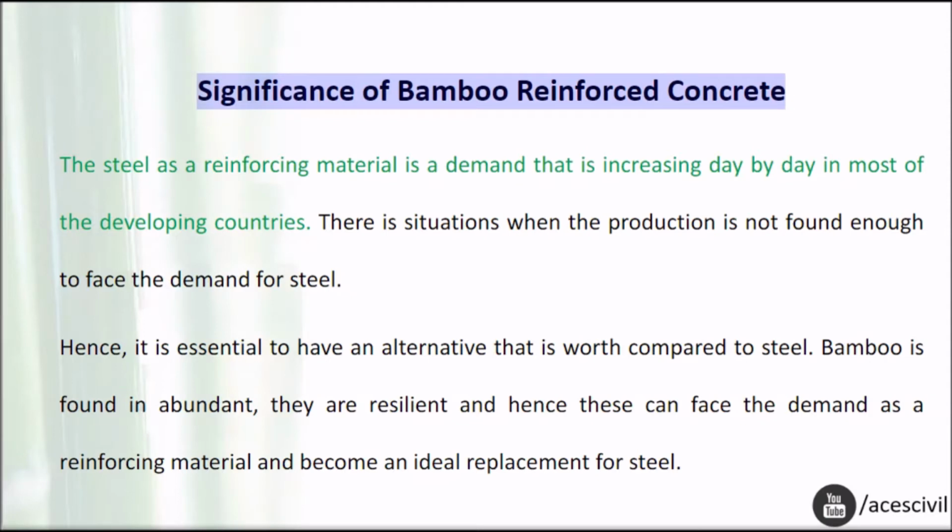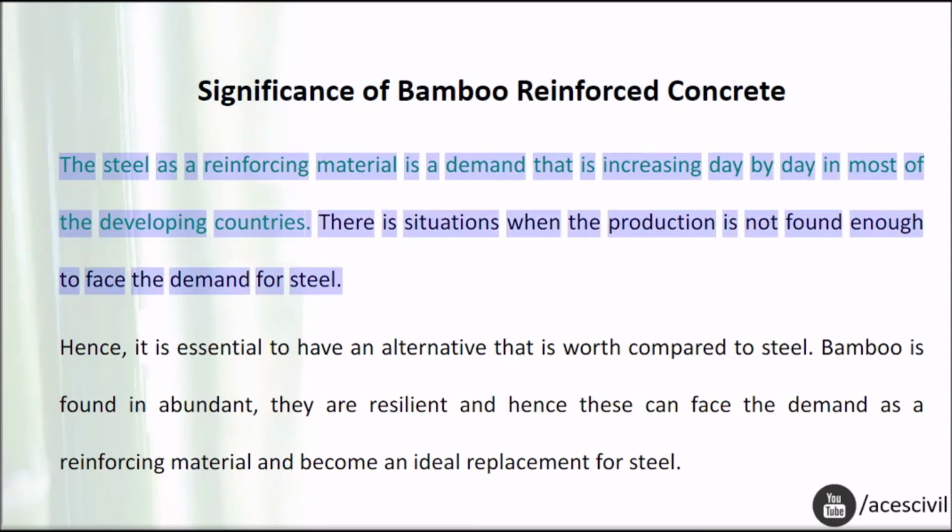Significance of bamboo reinforced concrete. The demand for steel as a reinforcing material is increasing day by day in most of the developing countries. There are situations when the production is not enough to meet the demand for steel.